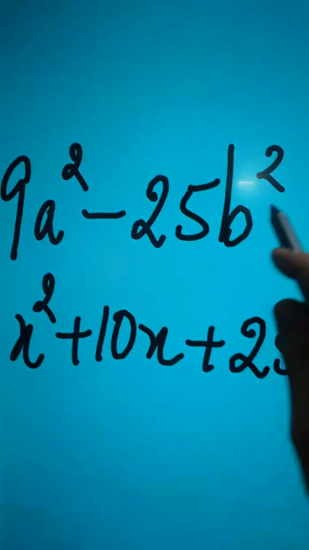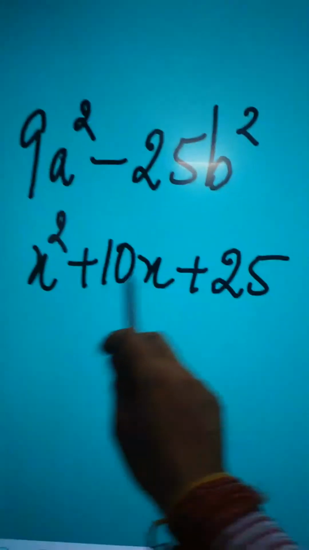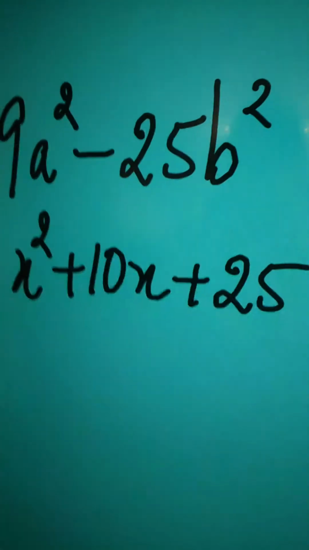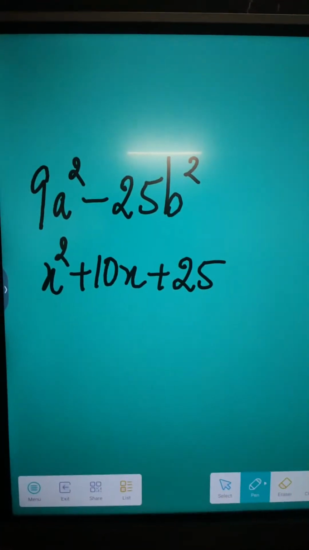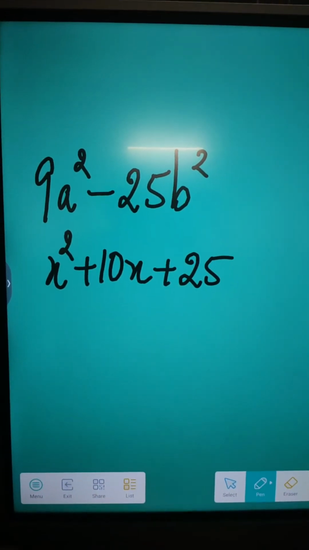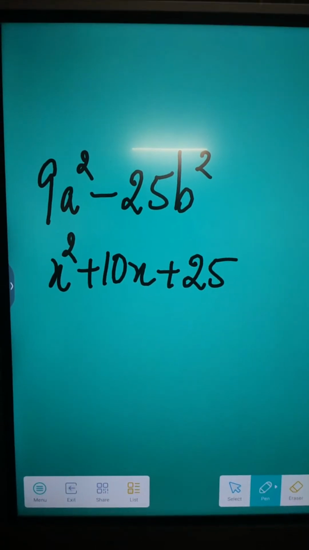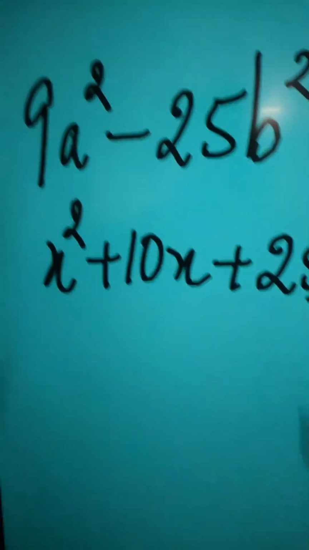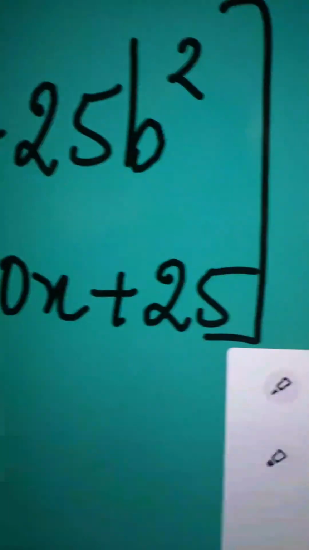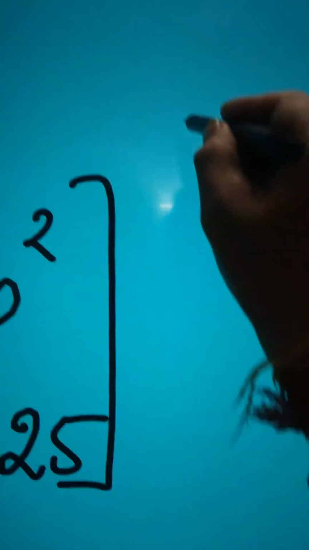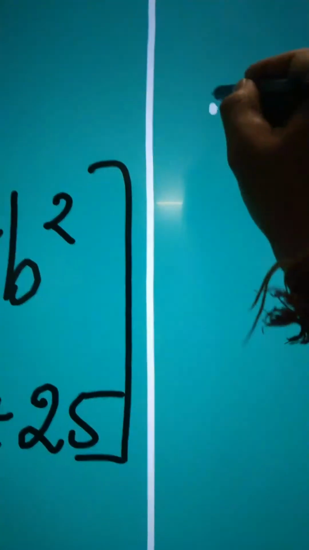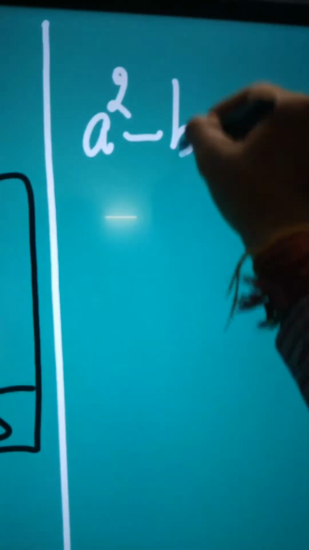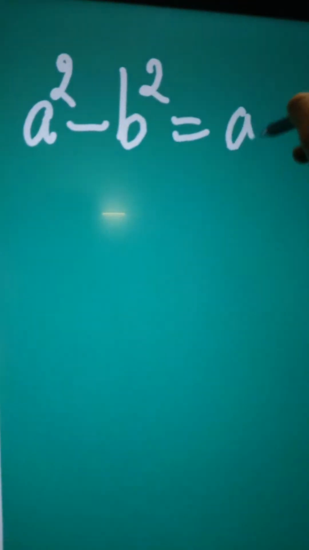Nine a square minus 25b square and x square plus 10x plus 25. Now these are two questions in which we have to apply formula. Now both the questions are based on a formula use. So we have used some formula earlier. A square minus b square. We used it in a different way.